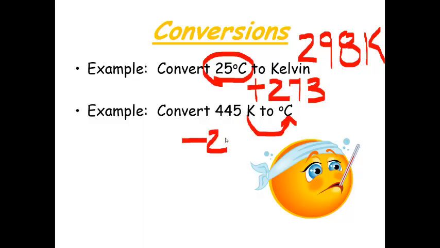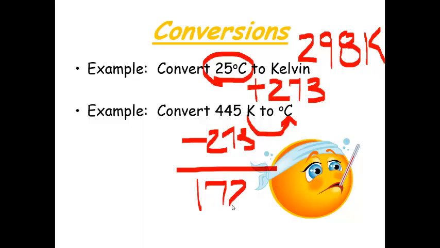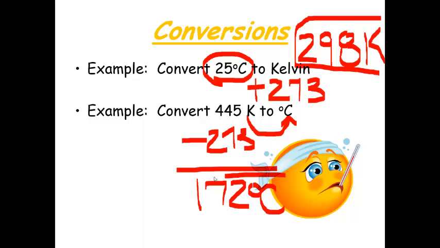So if I have, in this case, 445, and I want to take away 273 to get to Celsius, I get 172 degrees Celsius. And notice that I did not use that degree bubble with the Kelvin, but I did with the Celsius. Okay, so those are the basic temperature conversions that we'll do in here, just getting from Celsius to Kelvin and Kelvin to Celsius.